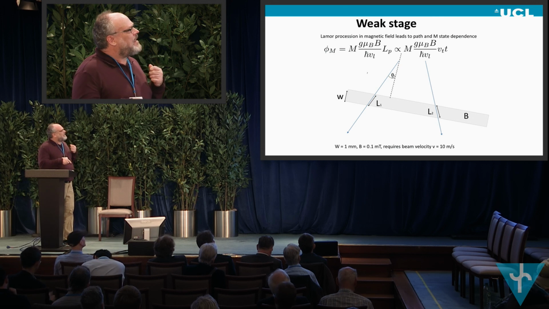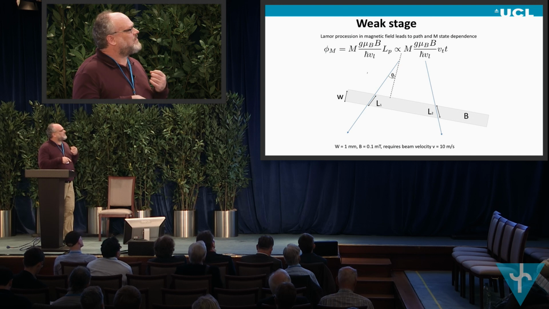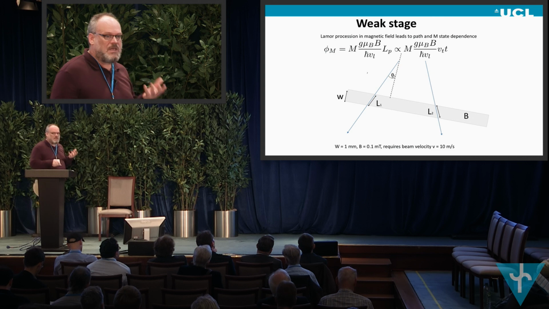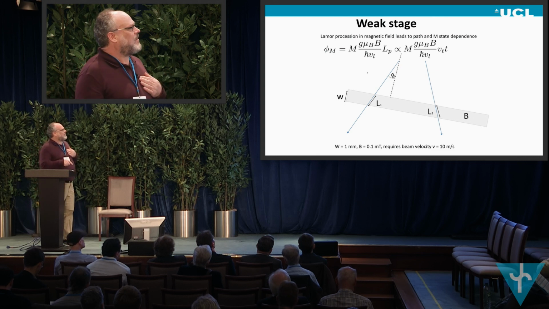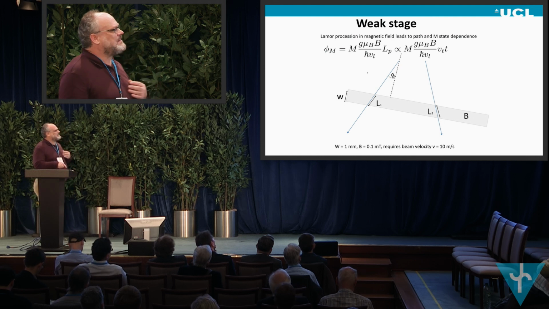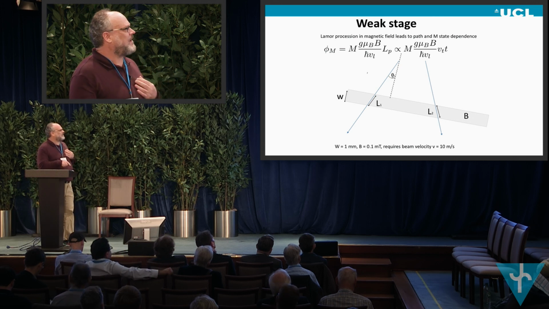Each magnetic sublevel experiences Larmor precession, and so what you see is a phase change, and this is the weak measurement. If this phase change is very small, then this is our weak measurement with the strength given by these quantities here. And so this is very analogous to the calcite crystal.